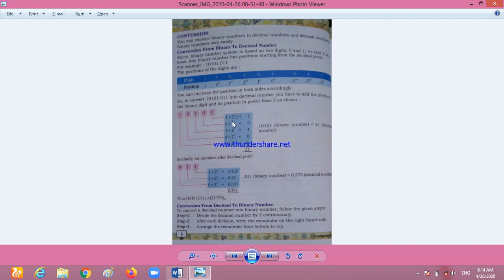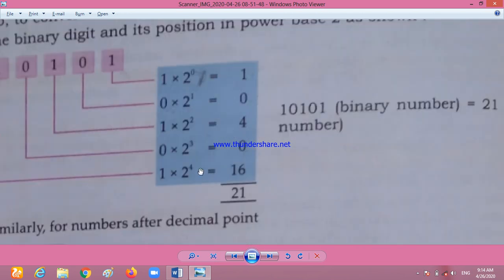1 multiplied by 2 power 0, 0 multiplied by 2 power 1, 1 multiplied by 2 power 2, 0 multiplied by 2 power 3, 1 multiplied by 2 power 4. As you all know, if any number has power 0, then its value is 1.